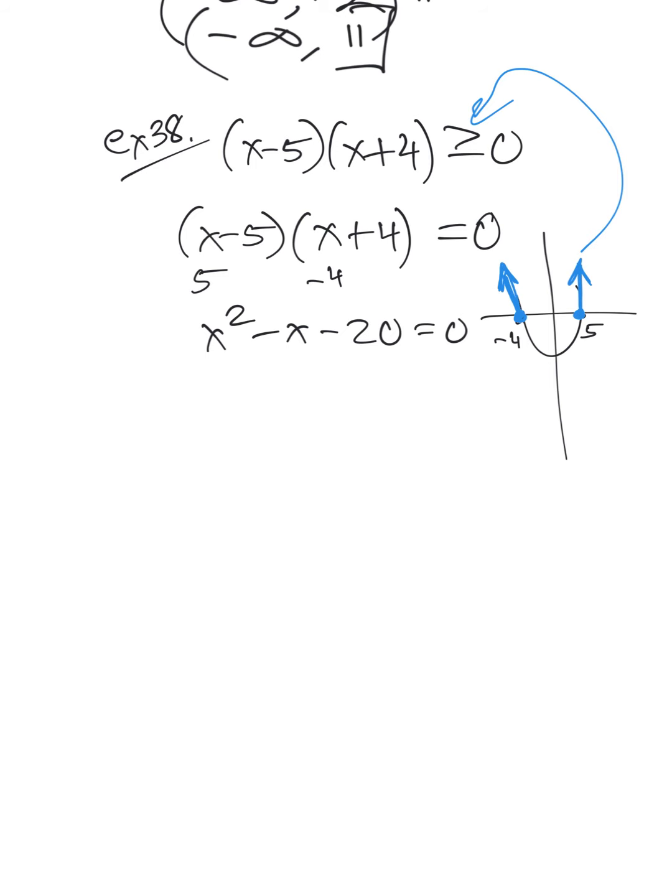And we realize that we have 5 and negative 4 for numbers. I said something wrong, didn't I? Okay, so 5 and negative 4 are numbers that are going to make this go to 0. What makes that go to 0? 5. 5 minus 5 is 0, right? Right here.